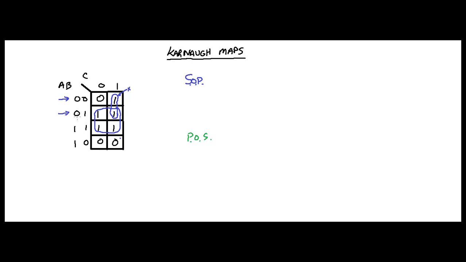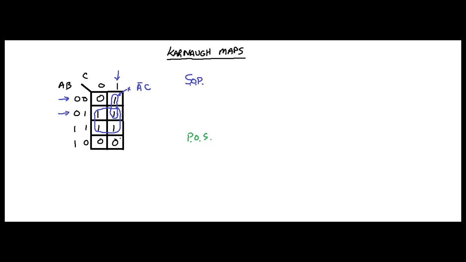And as you can see, A is 0 and it stays the same. B changes from 0 to 1, so discard B. So that is going to be equal to A bar. And if you look at the columns, this group resides only in that one column, and that's when C is equal to 1 and it doesn't change. So it's going to be A bar C, right?